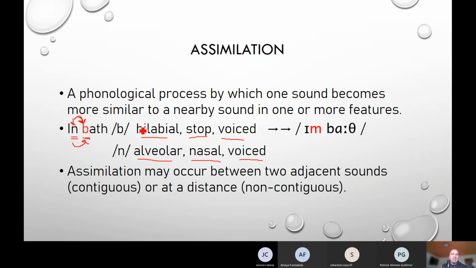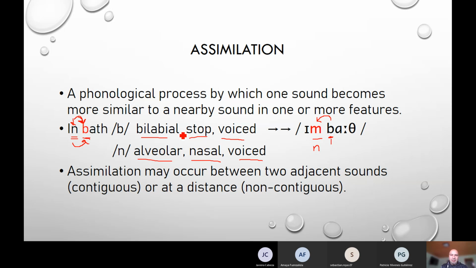Instead of saying "in bath", some speakers may say "imbath", right? So this "n" becomes "m" before the presence of "b". The reason is that one characteristic of "b" is being assimilated by the previous sound.